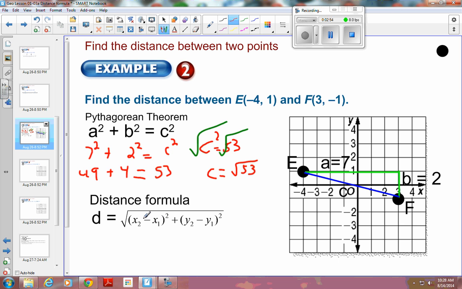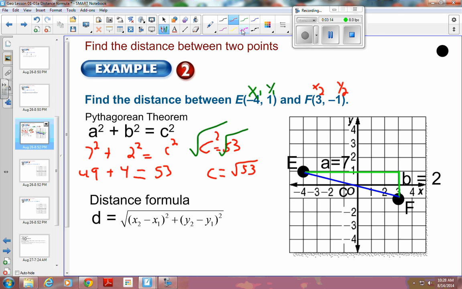If I use the distance formula, so here, this is going to be x1, this will be y1, this will be x2, and this will be y2, okay? My first point, my x and my y coordinate, my second point, my x and my y coordinate. Let's fill them in here.